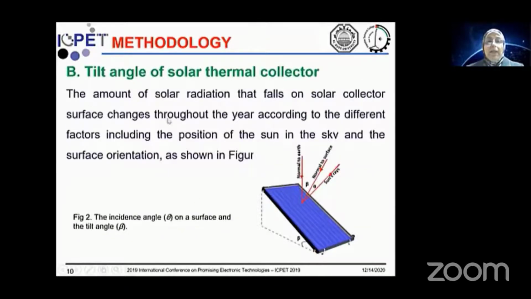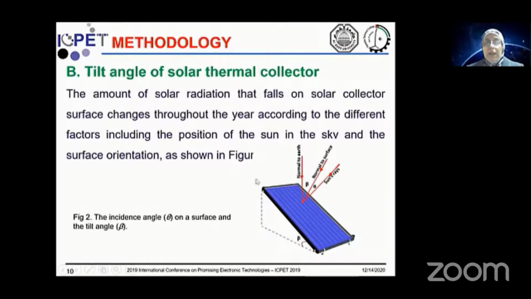Tilt angle and incidence angle of solar thermal collector. In the diagram below, we can see that the amount of solar radiation that falls on the solar collector surfaces throughout the year differs according to different factors, including the position of the sun in the sky and the surface orientation.